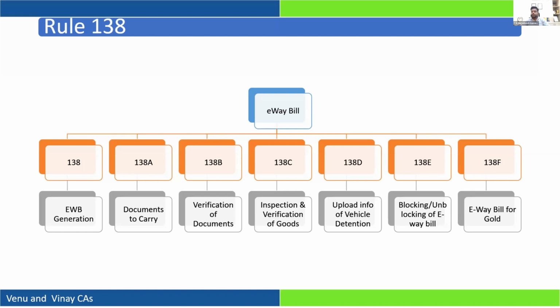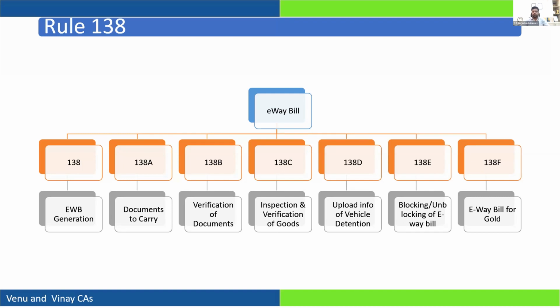And the new rule, which has been notified this month only and is effective from the 4th August of this month, is rule 138F, that is, e-way bill for gold. Earlier, there was no requirement for generation of an e-way bill for gold, but from 4th August 2023, an e-way bill is mandatorily required to be generated for movement of gold. I will discuss each of the rules in detail in the later slides.